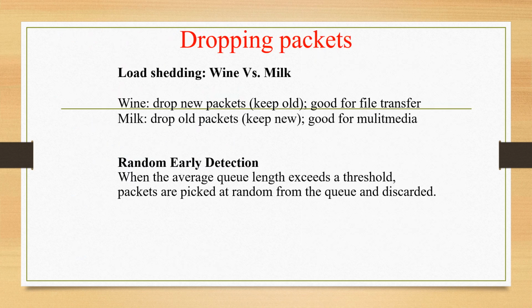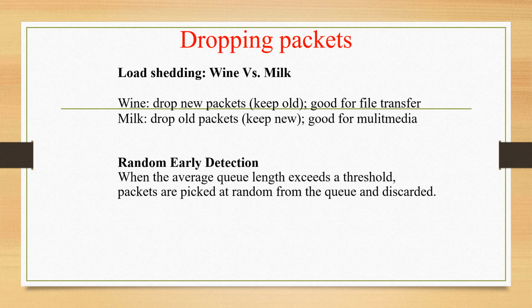Next is load shedding. Shedding is dropping. When the buffer becomes full, routers simply discard packets. Which packet is chosen to be the victim depends on the application and on the error strategy used in the data link layer.